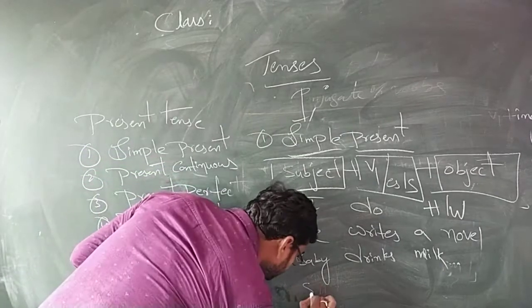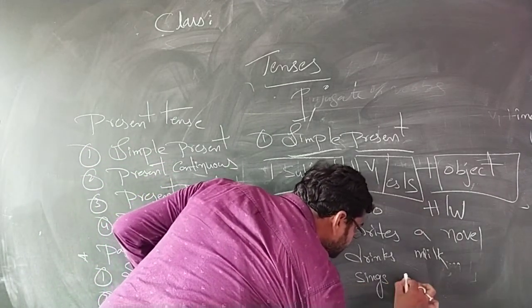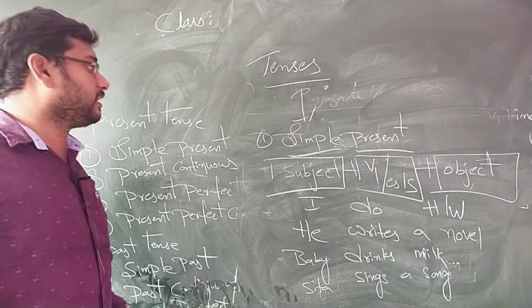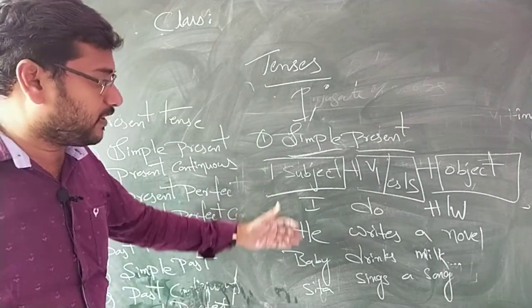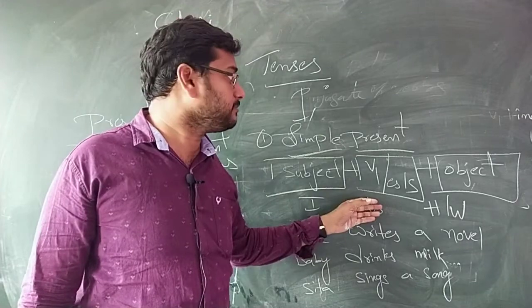Sita, can you take any example? Sita sings a song. Now you can see in the following examples: subject, verb in first form, and object.